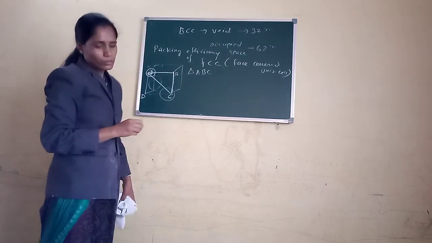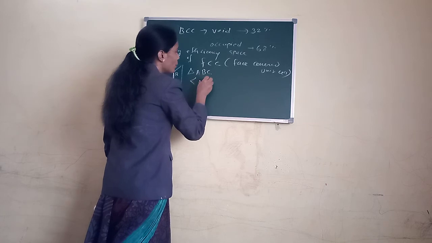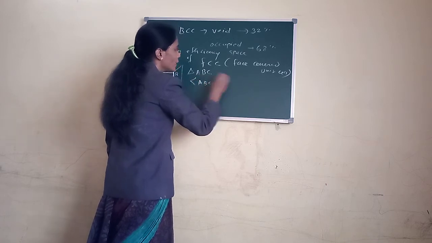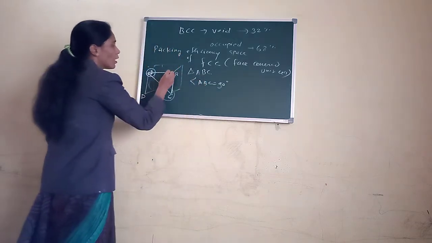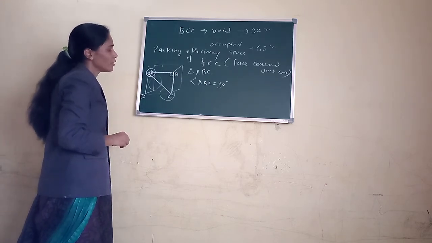Here we observe the triangle ABC. The angle ABC is equal to 90 degrees.